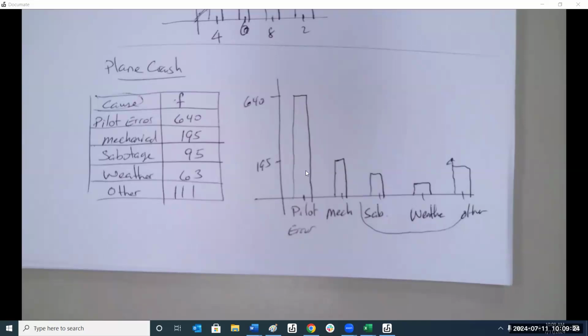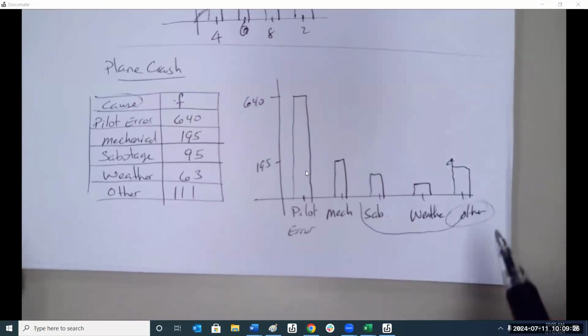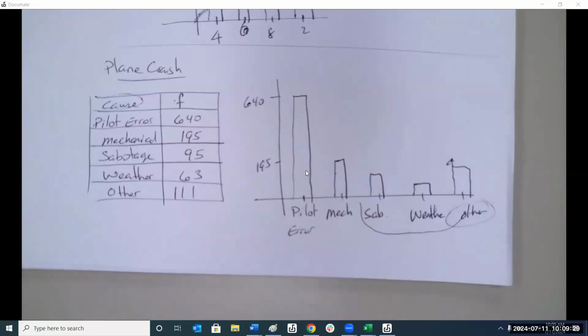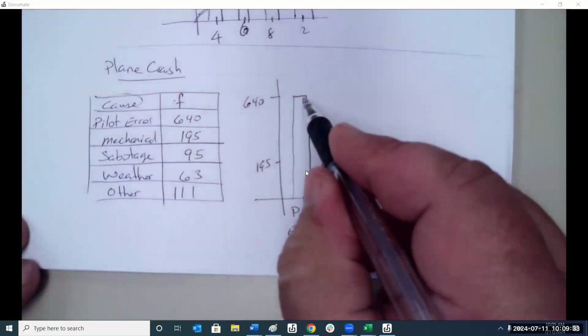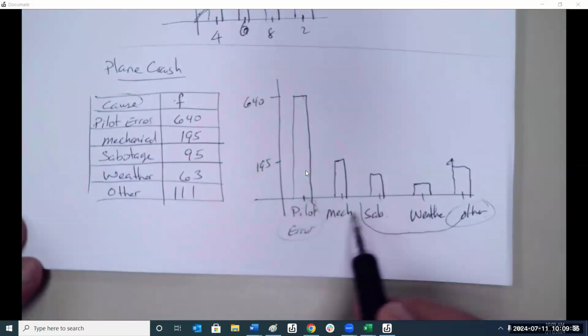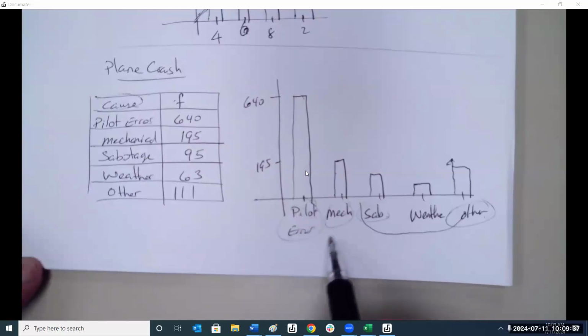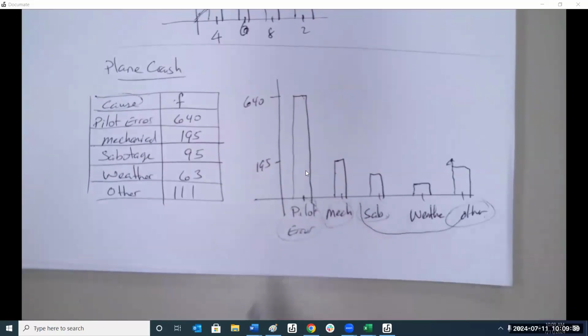It could be so many other things. That's how come we have the other split up by itself at the very end. If it's a unique issue like pilot error, mechanical, sabotage, weather, they have their own columns. And since other is made up of so many other things, we can't go any further.